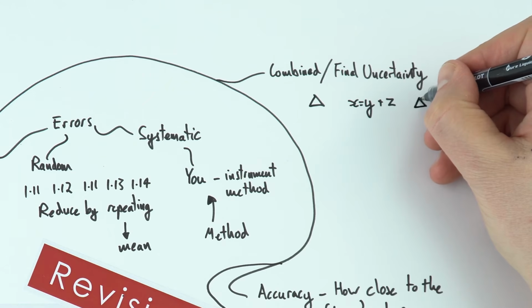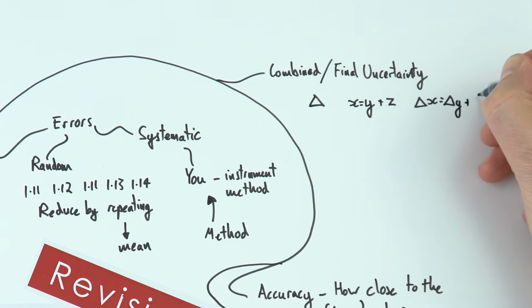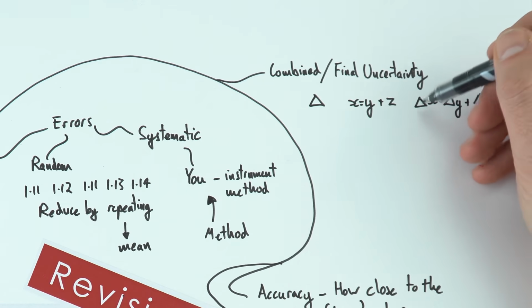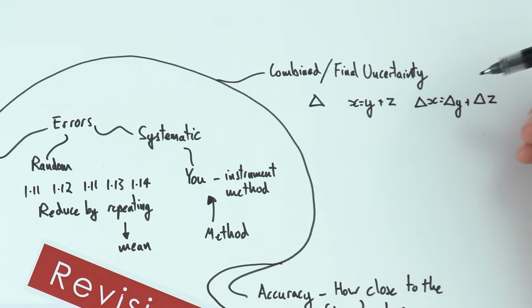Then the absolute uncertainty in x is equal to the absolute uncertainty in y plus the absolute uncertainty in z. So perhaps this is 10 millimetres plus or minus 1 millimetre, and that's 20 millimetres plus or minus 2 millimetres. Well, that means the final uncertainty is the 1 millimetre here plus 2 millimetres, which gives a final absolute uncertainty of 3 millimetres in this piece of data.